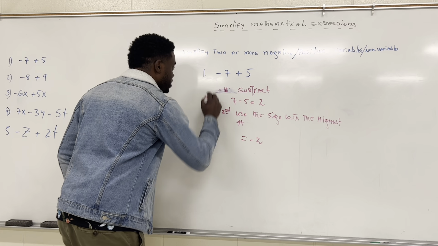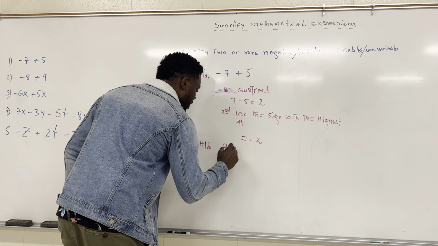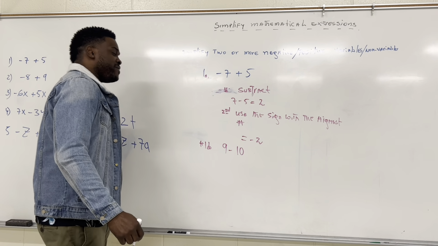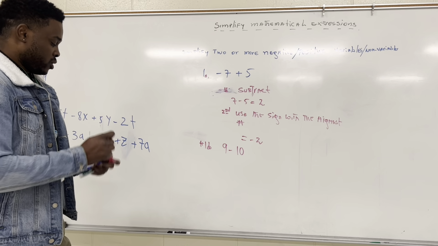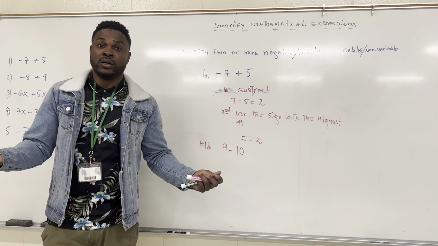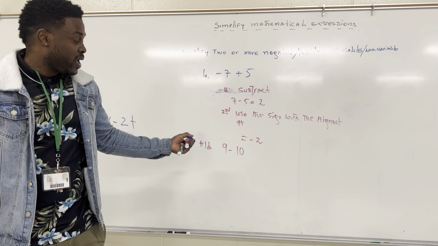Number 1B. So that's number 1A and then it's number 1B. So imagine that you have 9 minus 10. What do you think we should do here? You notice that the sign with the highest number is negative.